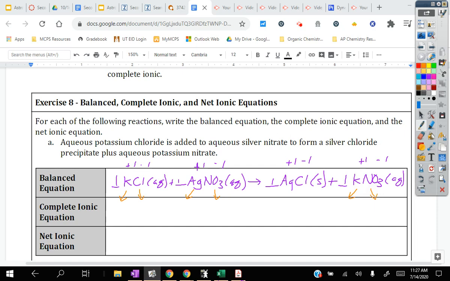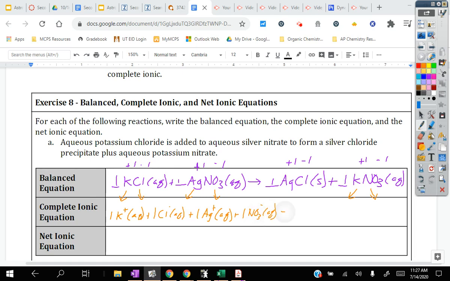So when we put these together, we get 1 mole of K+ aqueous plus 1 mole of Cl- aqueous, 1 mole of Ag+ aqueous, and 1 mole of NO3- aqueous.